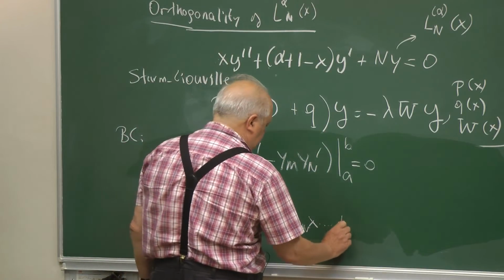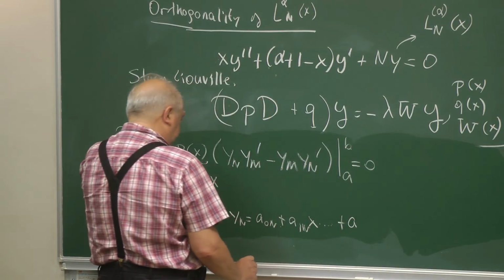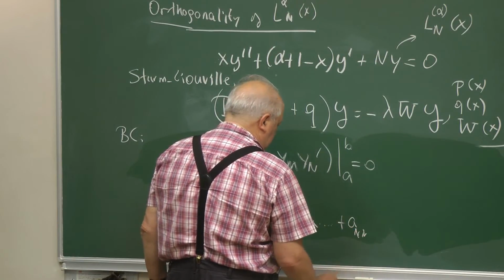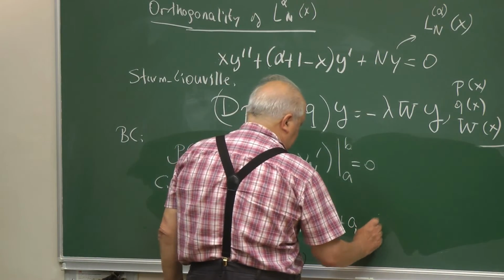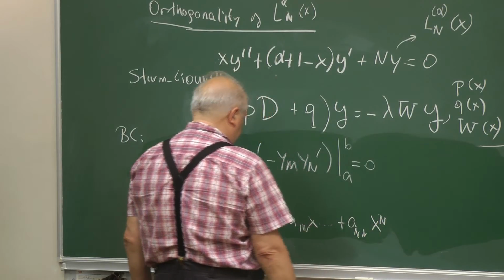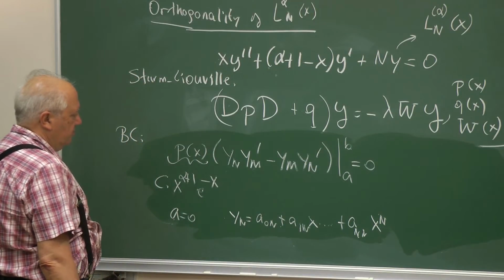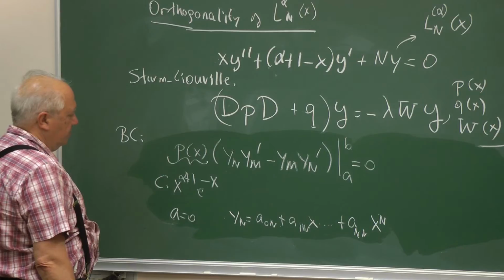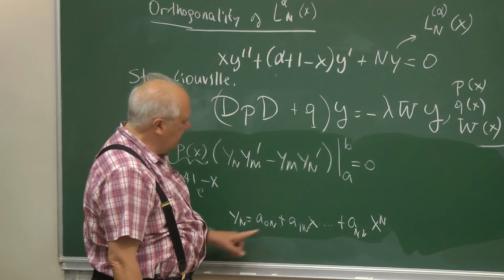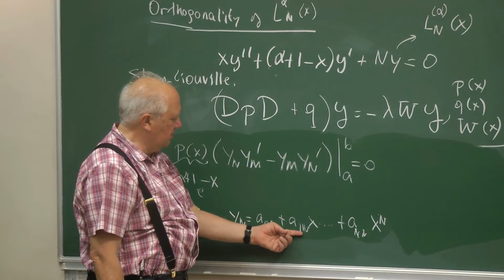and the last one is a n x to the n. So if you take the derivative and then set x equal to 0, only the a1n remains.